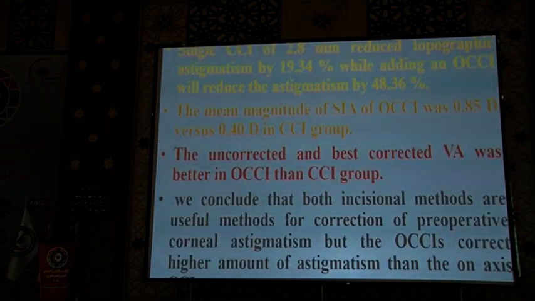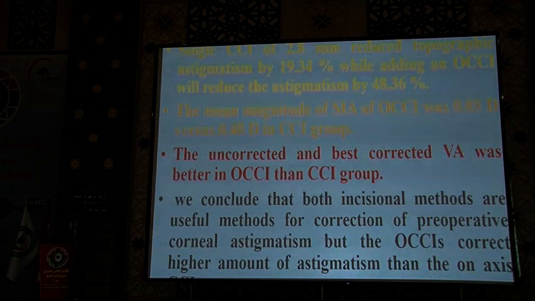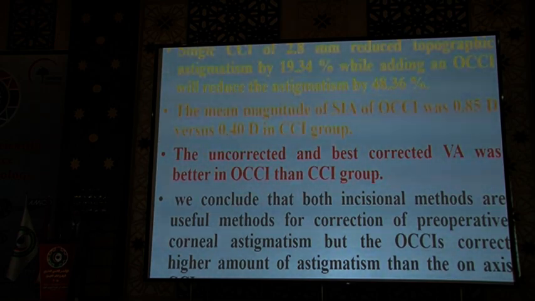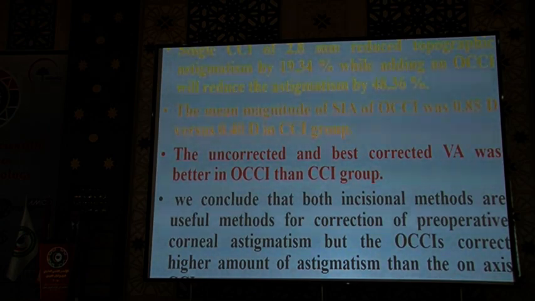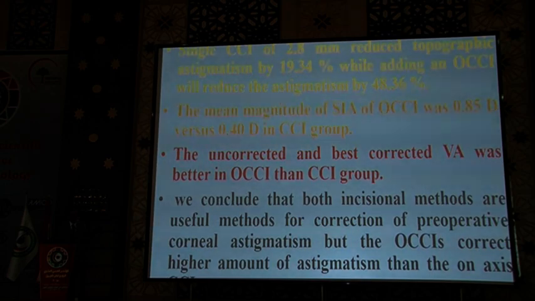Our conclusion is that if you have any patient with astigmatism more than 1 diopter up to 2 diopters, you can do another incision in the opposite direction to eliminate corneal astigmatism. Thank you for listening. Thank you, sir.